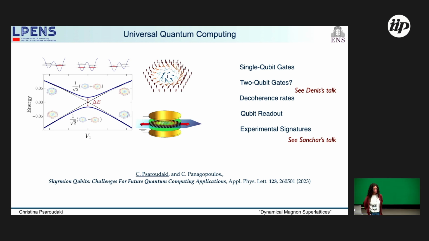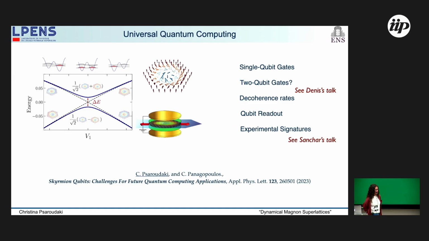I wanted to introduce why skyrmion helicity is important in these frustrated magnets and whether we could use it to build a quantum computer. I didn't talk about single qubit gates, but this is very straightforward to see.